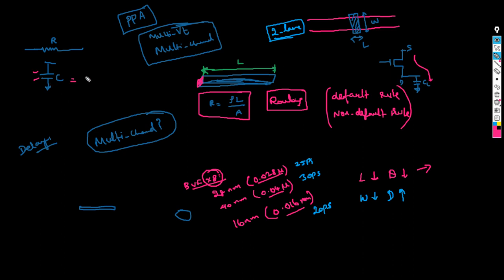So C is epsilon A by d. Here A is the area, and d is the distance between your plates.